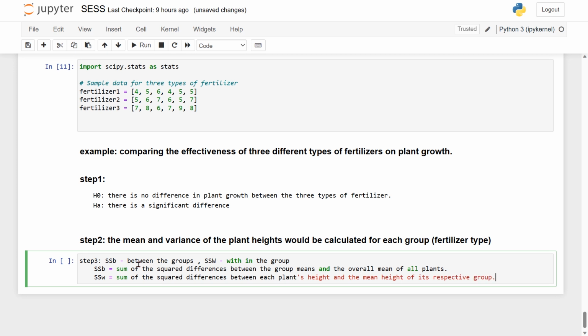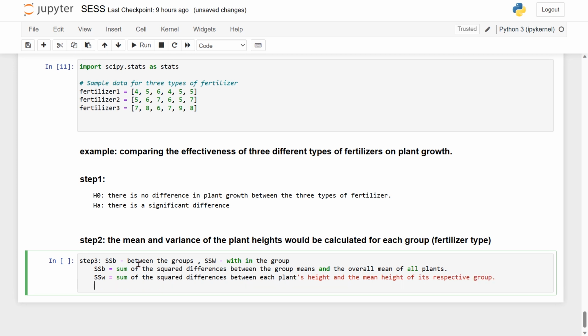That's it. Then you can calculate the total variance, SST. It's SSB plus SSW. SST is calculated as the sum of the squared differences between each plant's height and the overall mean height. That's the total variance.